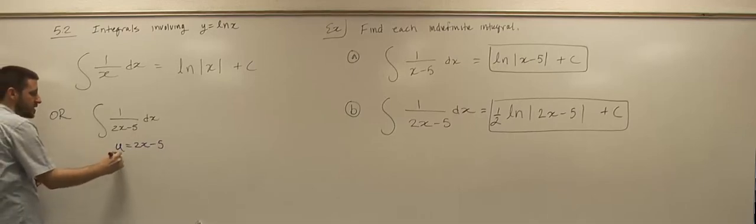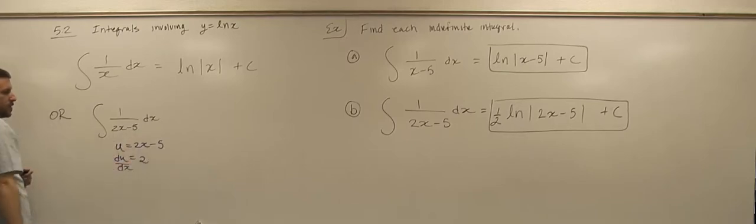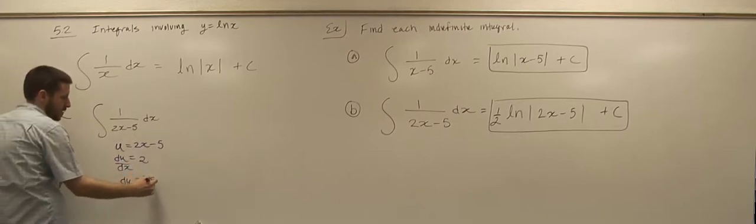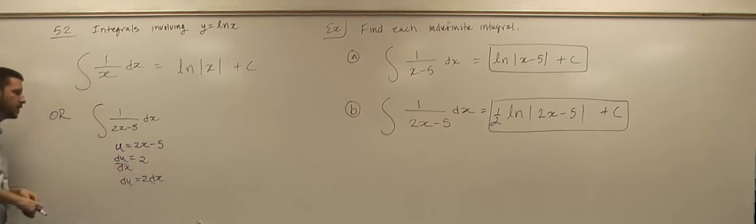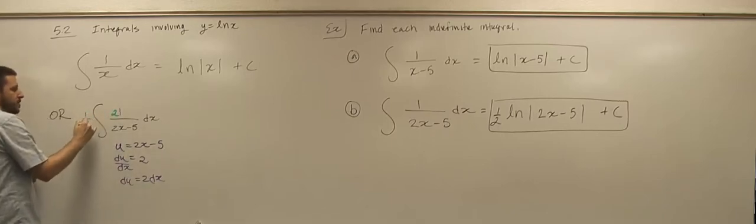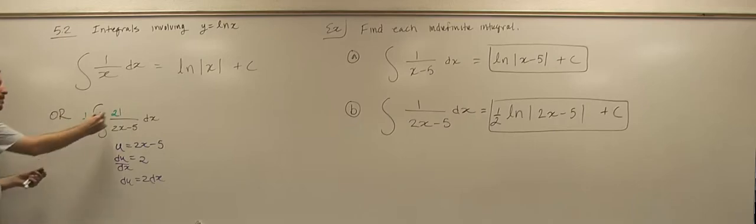Then du dx is equal to 2, so du is equal to 2 dx. To finish off the u substitution, you have to put a 2 up top, which is where the 1/2 is coming from.